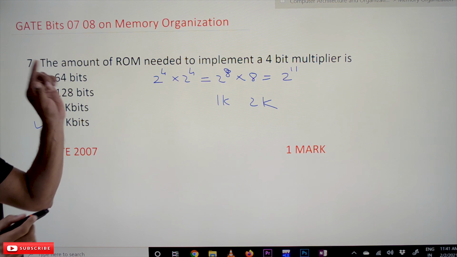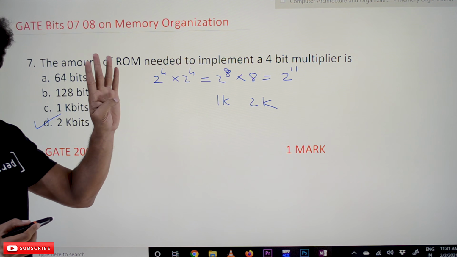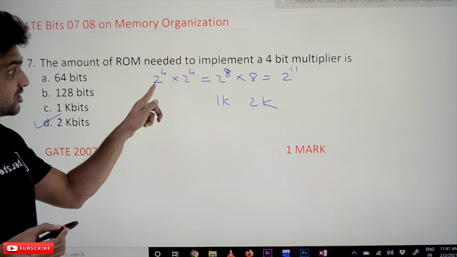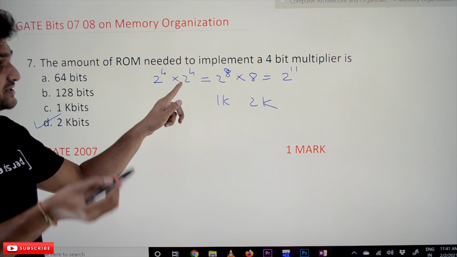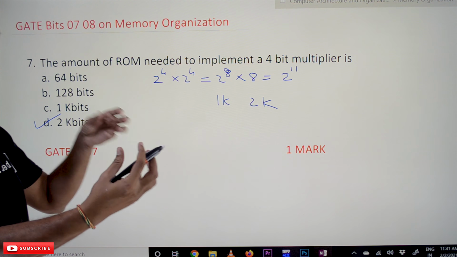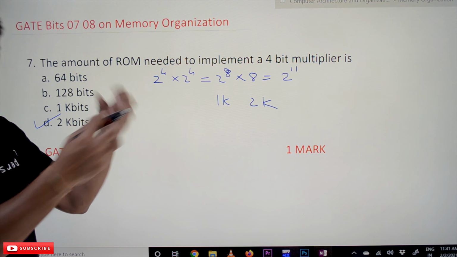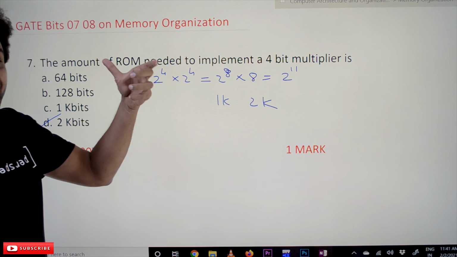So the logic that we have to understand is that with 4 bits, 2 power 4 combinations are possible, and with another 4-bit value we get 2 power 4 combinations. By multiplying two 4-bit numbers, we are going to get 8 bits.